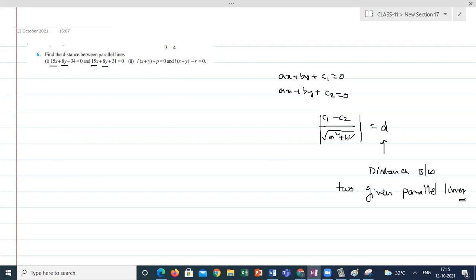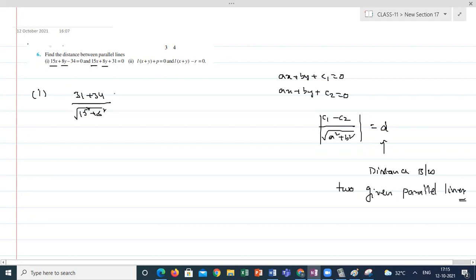65 by 17. First question is 65 by 17. Sir, isn't it 3 by 17? First question. Oh man, 3 by 17. 31 plus 34 divided by square root of 15 square plus 8 square.